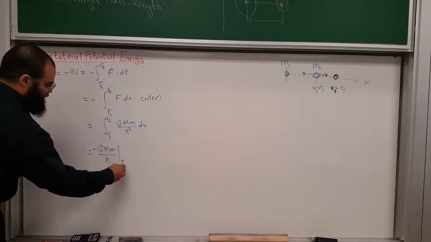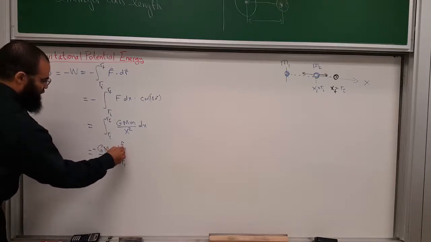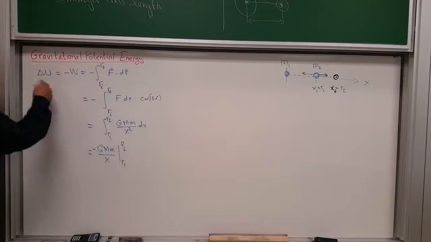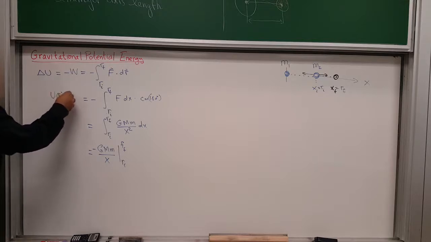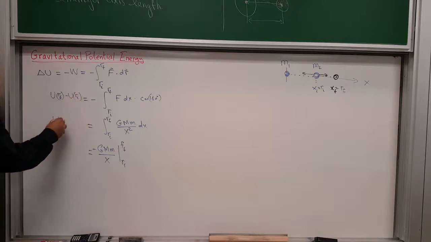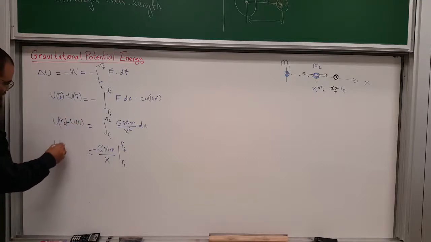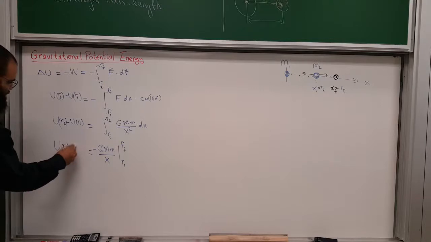Evaluated from r initial to r final, and this is delta U. It's U at r final minus U at r initial.